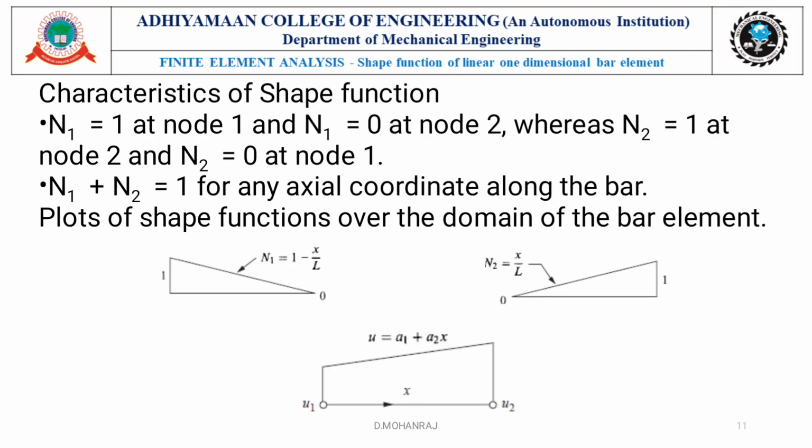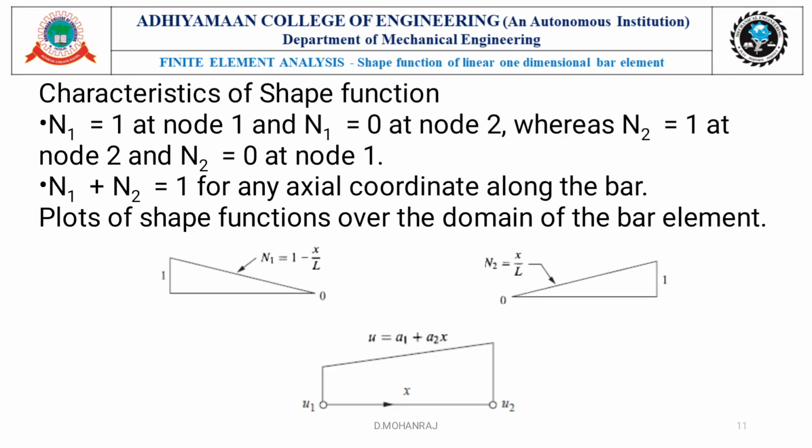And the characteristics of shape function: the shape function value is 1 at its own node, that is, at node 1 the n1 value is 1, and the shape function value at node 2 is 0. So that means n1 is 0 at node 2. Similarly, the shape function n2 is equal to 1 at node 2, but n2 is 0 at node 1.